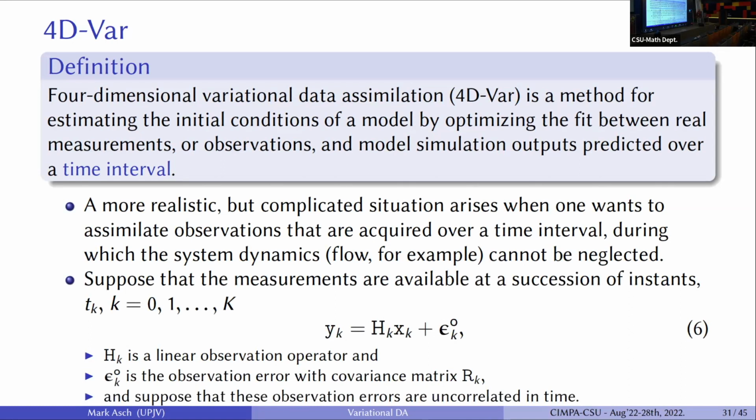And basically, it's more realistic, but more complicated, because we want to assimilate observations that are acquired over an interval, during which the system dynamics cannot be neglected. In the case of 3D VAR, we assume that the interval over which we do the assimilation is an interval in which the dynamics of the system don't have an influence.